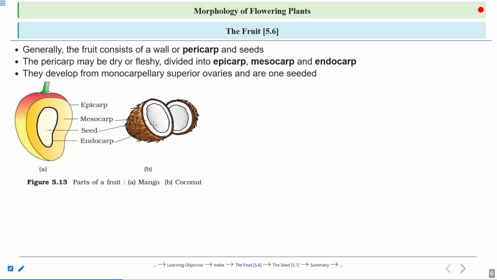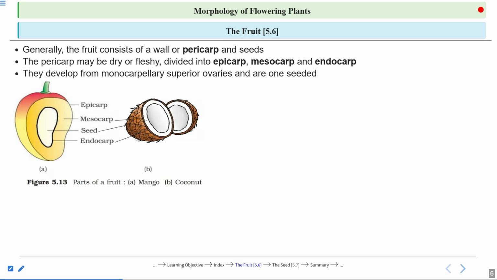At one point of this white covering, at this end, you see a very round shape thing, that is the embryo at the bottom. The embryo is placed here, right? All this, the embryo part and the endosperm, collectively is called seed. So here it is mentioned as seed.